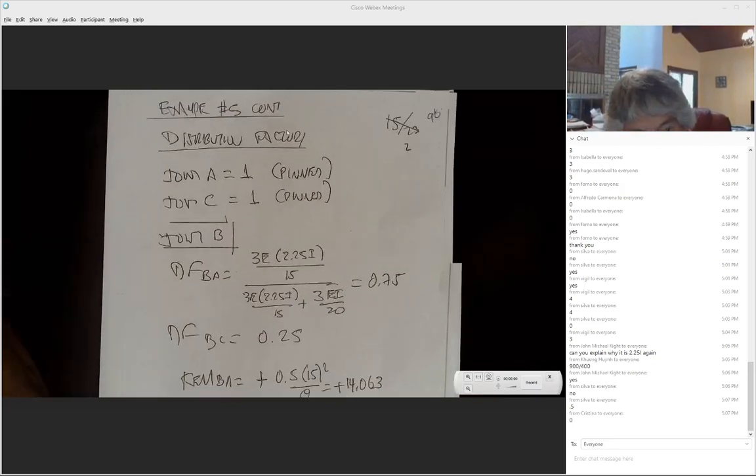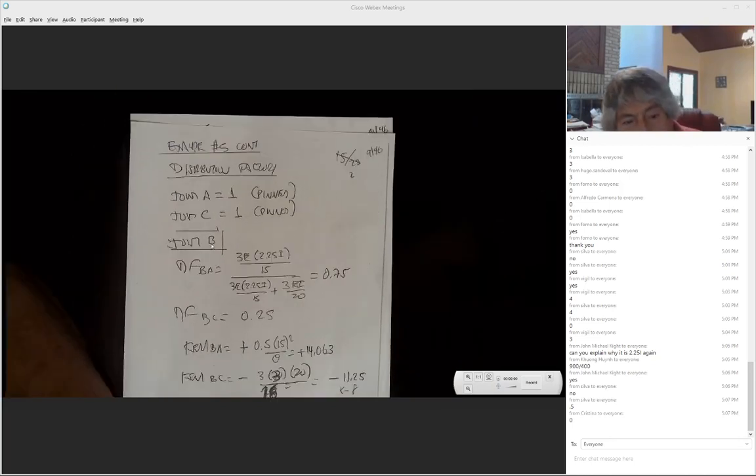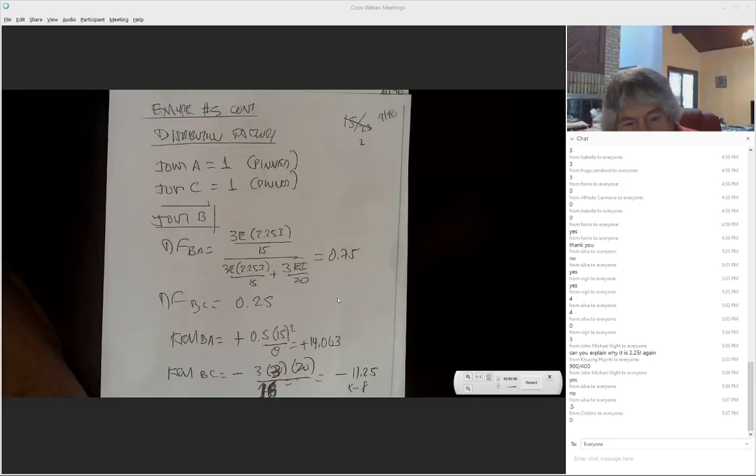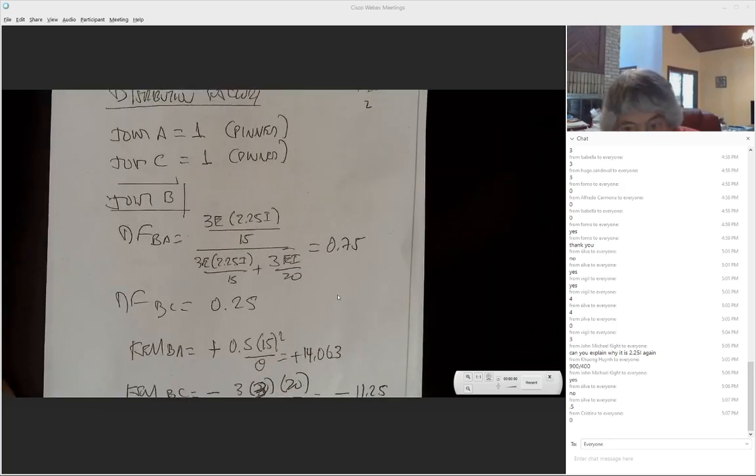Distribution factor. Joint A, 1 because it's a pin. Joint C, 1 because it's also a pin. Joint B is the only one that I need to compute. Distribution factor from B to A, 3EI over L over 3EI over L plus 3I over L: 0.75 from B to A, BC 0.25.